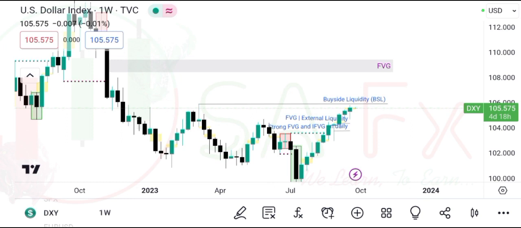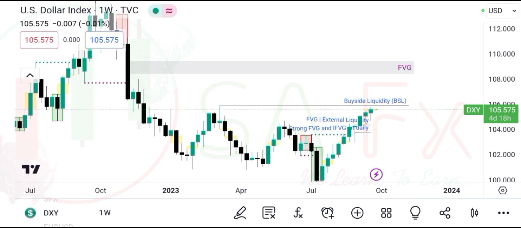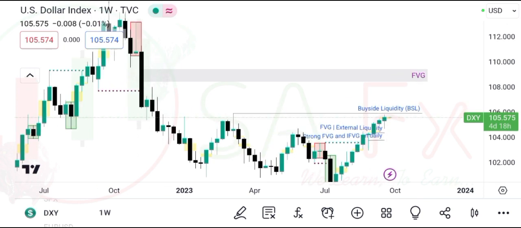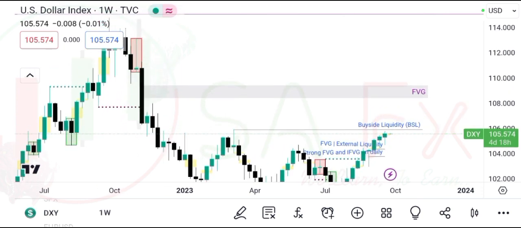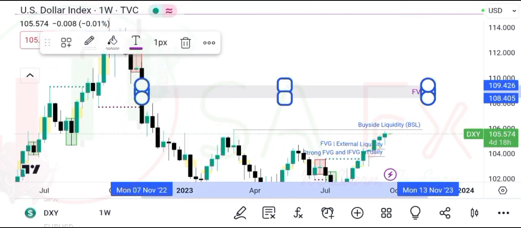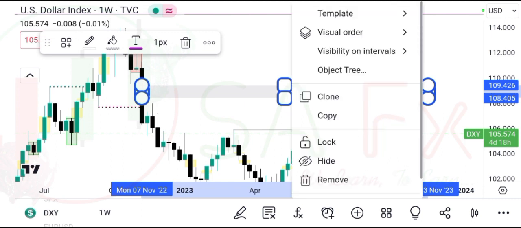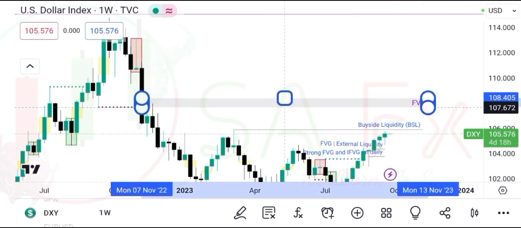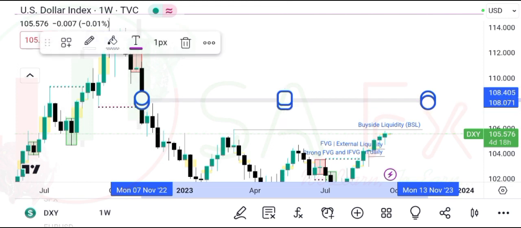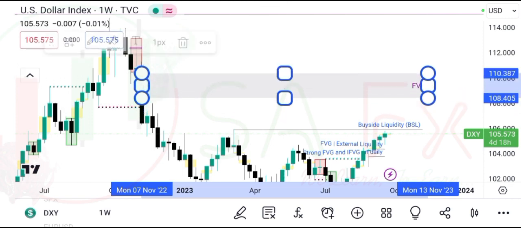If you look at this, you would see that we have some beautiful order block just below the fair value gap here. So if you look at this, this is weekly structure. This is where we have our fair value gap here.